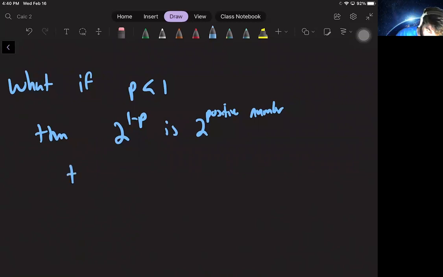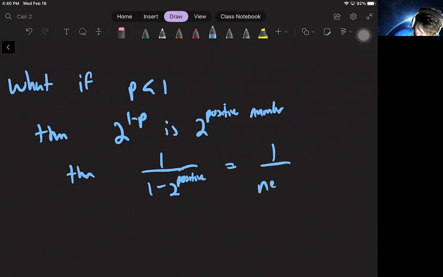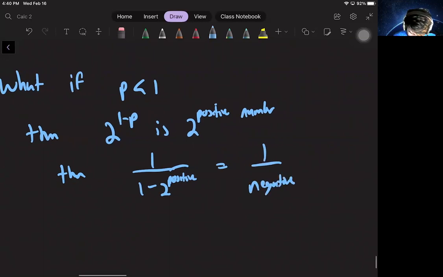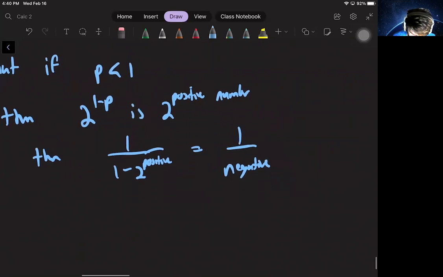So then 1 over 1 minus 2 to a positive number will be 1 over a negative, because you are doing 1 minus something bigger than 1. So it's going to give you a negative on the bottom.